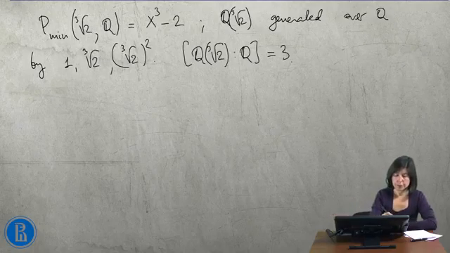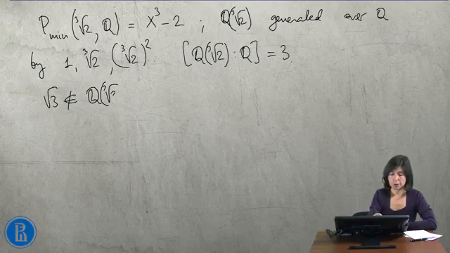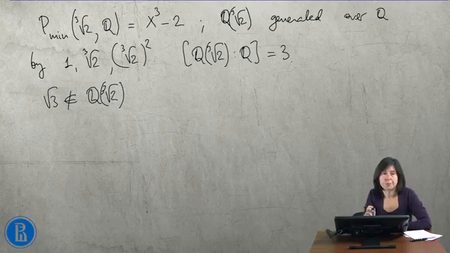Now, the square root of 3 does not belong to Q with cubic root of 2 adjoined.